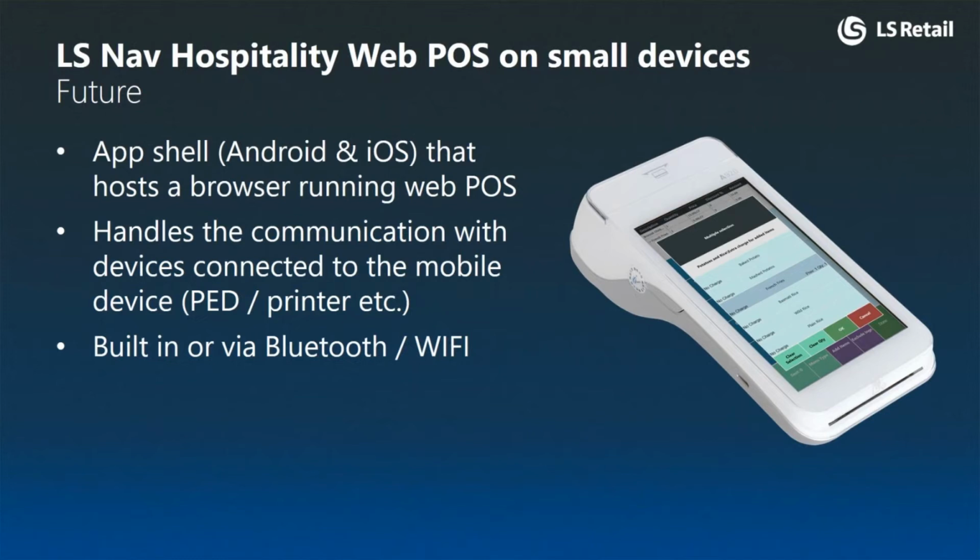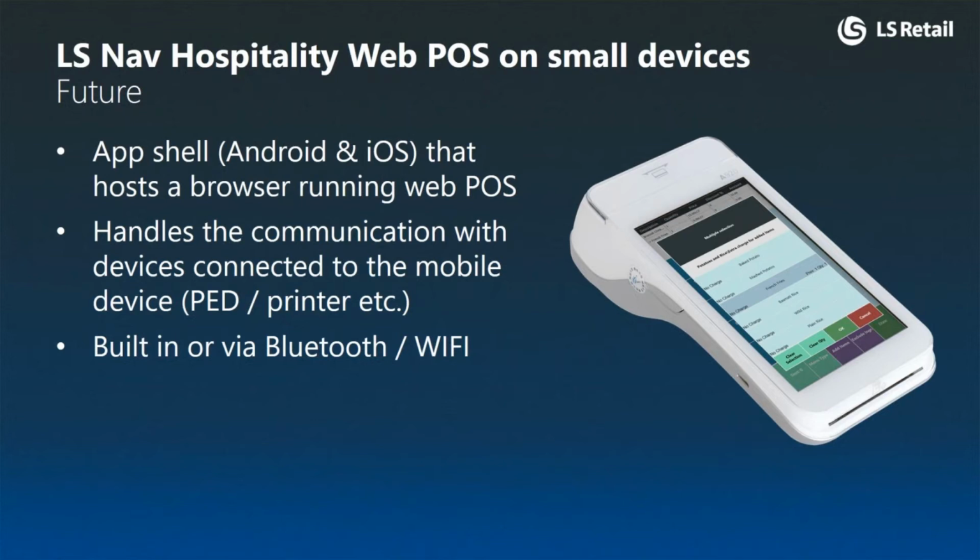And this app will handle the communication with the peripherals, and you can make payments through the payment entry device on the device. And you can either have built-in peripherals, or the app can also communicate with peripherals through the hardware station. And the device I'm showing here is called PAX A920.